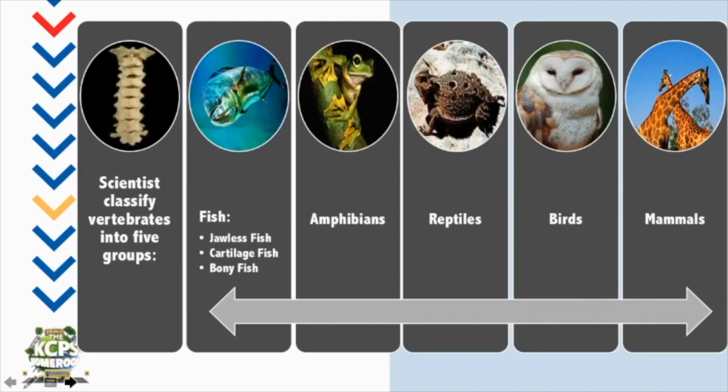Last time we learned about vertebrates. Humans are vertebrates, meaning they have a backbone or spinal cord. And the first human body system we're going to learn about is the skeletal system.